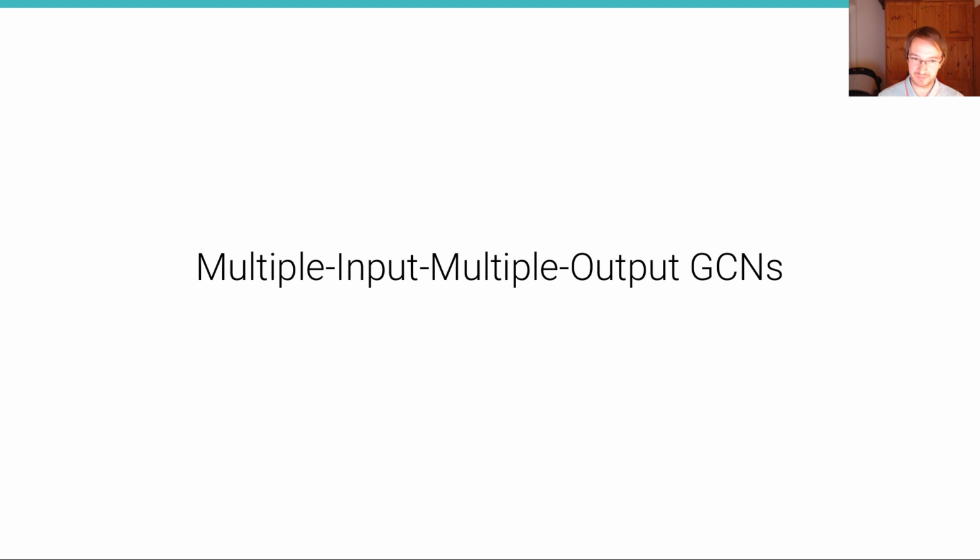Now this is restrictive both as an input but also as an intermediate representation. So we want to generalize this to allow for multiple features, to allow for vectors. Every vertex in a multi-input, multi-output GCN is a feature vector.